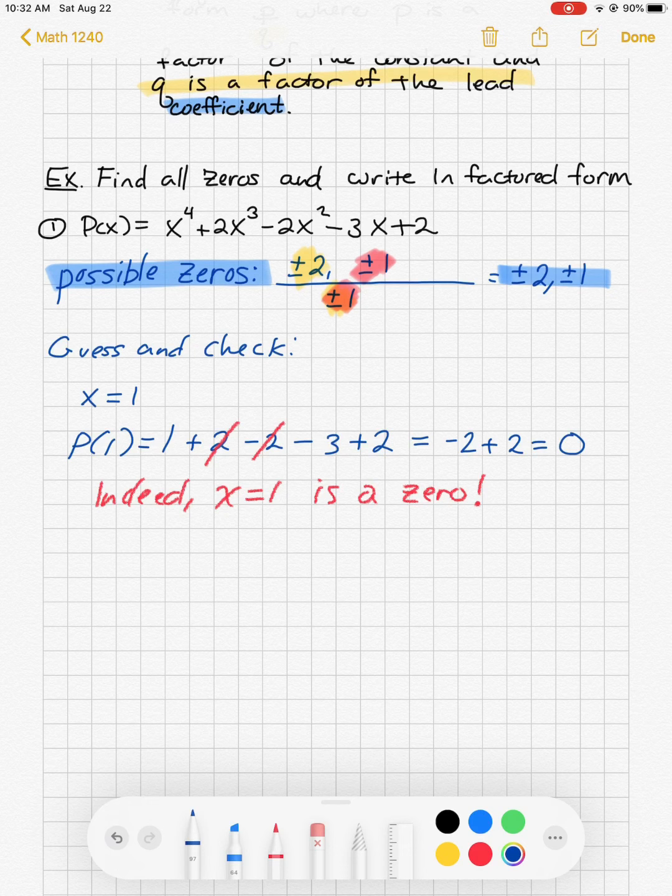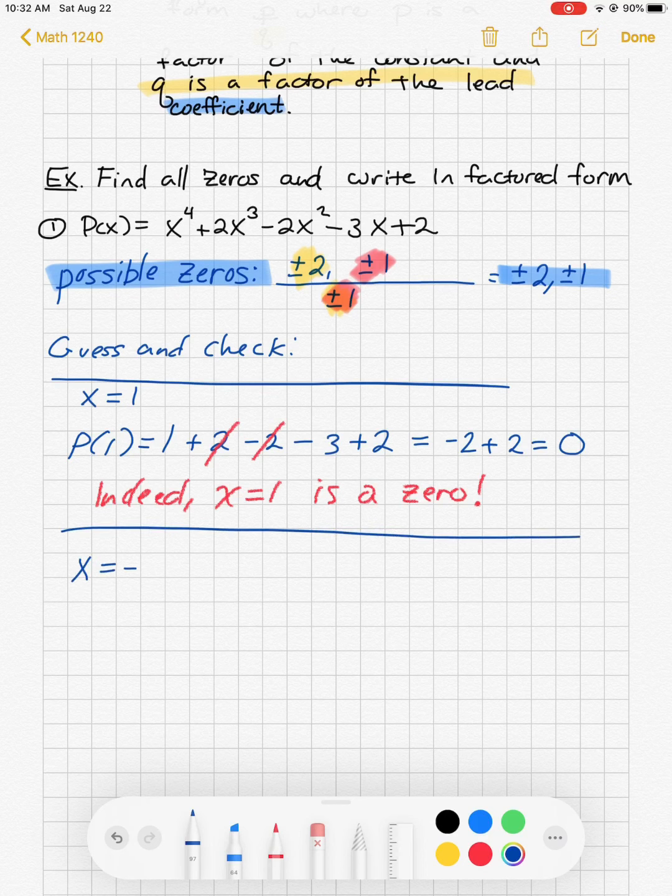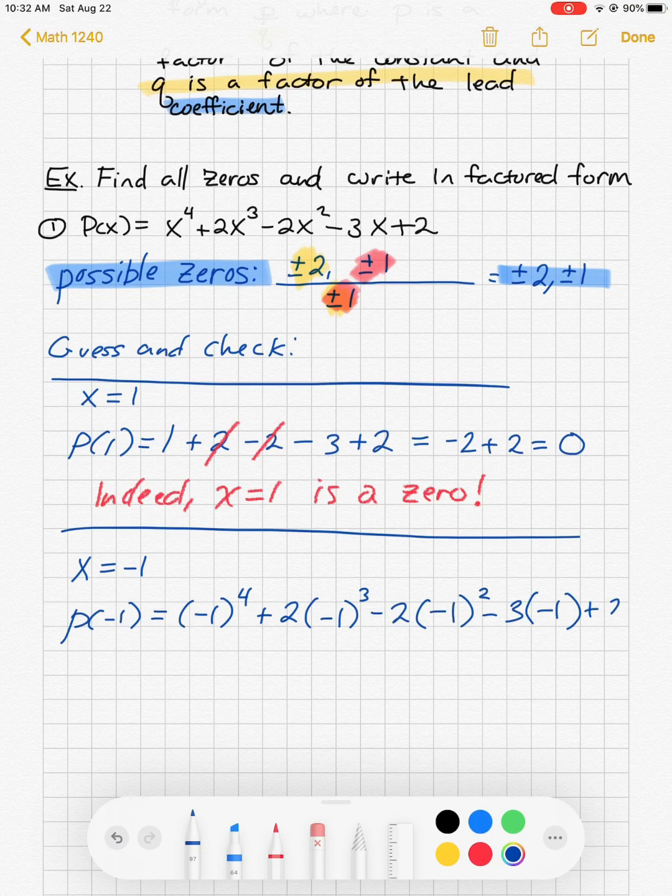Should I try another one? Let me see if negative 1 is also a zero. So what's P of negative 1? It's negative 1 to the 4th plus 2 times negative 1 cubed minus 2 times negative 1 squared minus 3 times negative 1 plus 2.